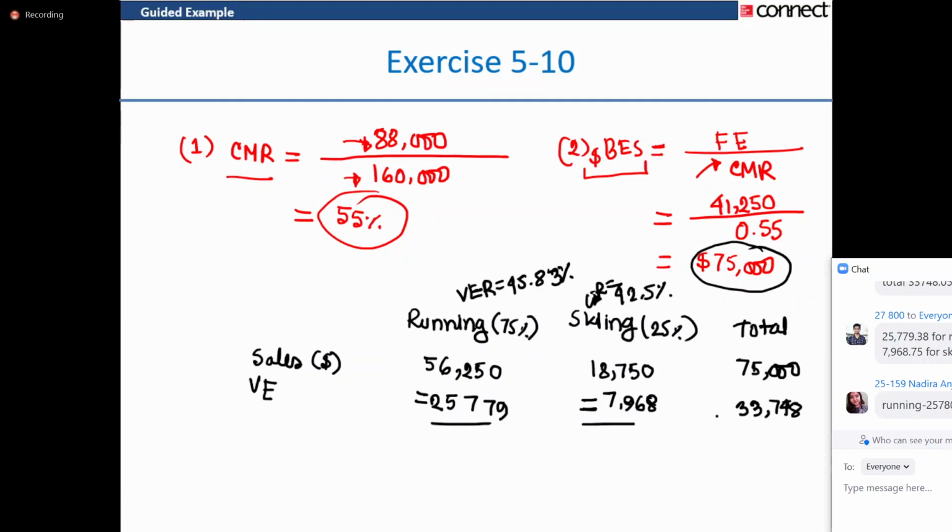So we see that it is the contribution margin now. Someone is saying that it is 25,780 and 7,969 for skiing. Probably he or she is doing a precise calculation.